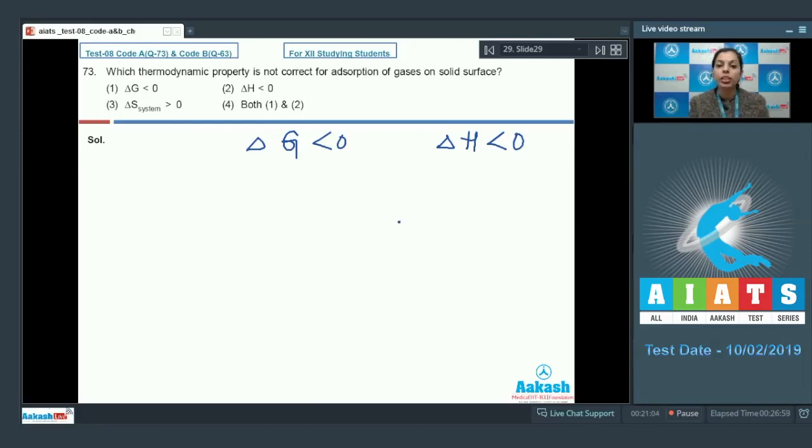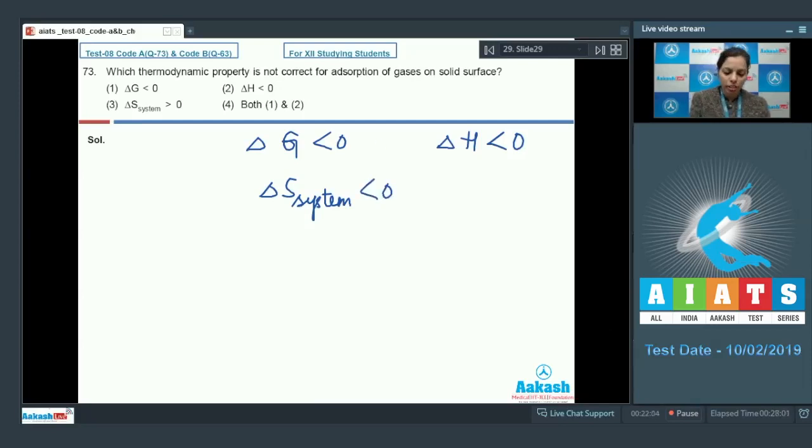It means it is also negative. It is an exothermic process, and these two are correct. Further, if I talk about the delta S value for the system, the entropy of the system for the process of adsorption, particles are getting arranged. It means the entropy of the system is decreasing. It should be less than 0.